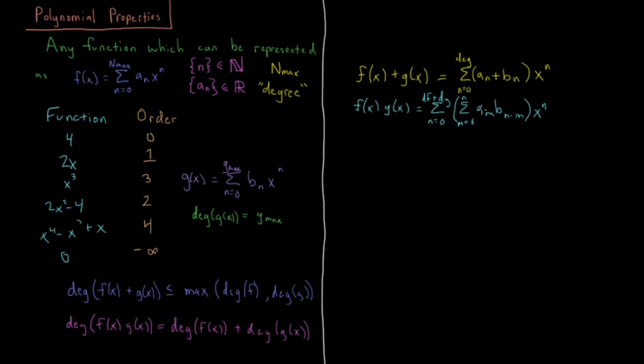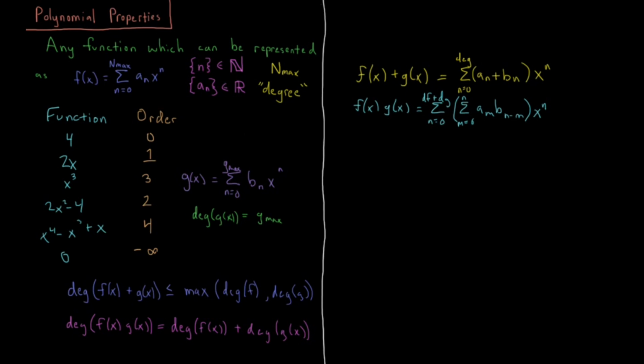Okay, so this internal sum is basically just saying find all the terms where their combined orders add up to degree n, multiply those coefficients, and sum all of those up. So for example, if I want all the second order coefficients in the product of, let's say, where am I going to get some here? Well, I don't think I have any that are going to work that way. Okay, we'll find an example below to see how that works.